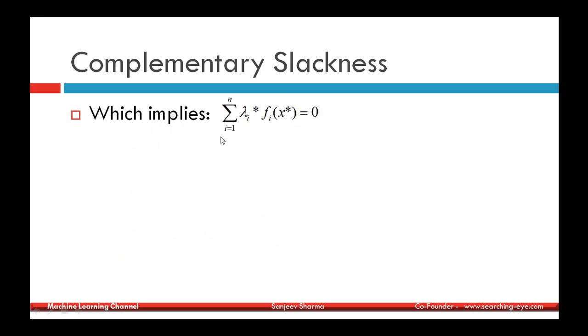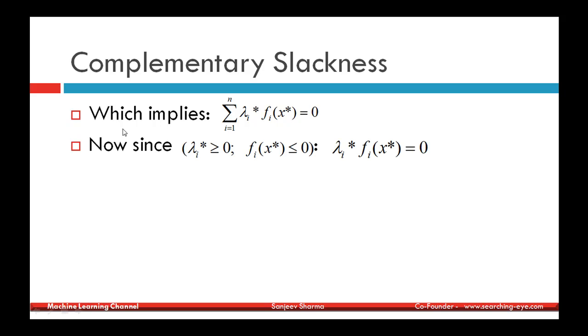We can further analyze this expression, and as we know, each lambda i star should be greater than or equal to 0, that is, each lambda i should be non-negative, and each fi should be non-positive. Since x star is a feasible point, it shouldn't violate the constraints of the primal problem, and therefore we find that each term in this summation is a non-positive term, and therefore each term will have to be 0. As I have mentioned, lambda i star is greater than or equal to 0 and fi of x star is less than or equal to 0, therefore lambda i star times fi of x star will have to be 0.